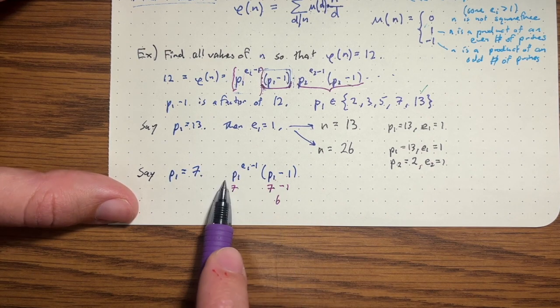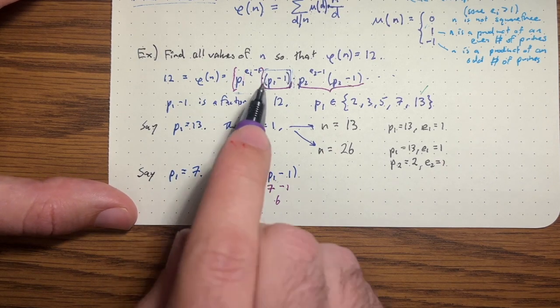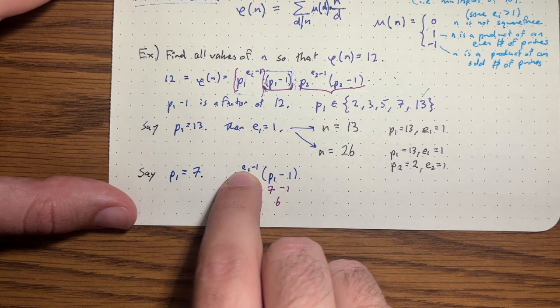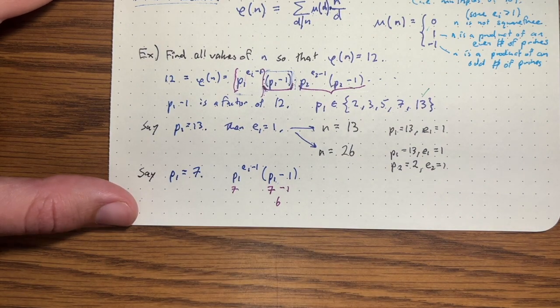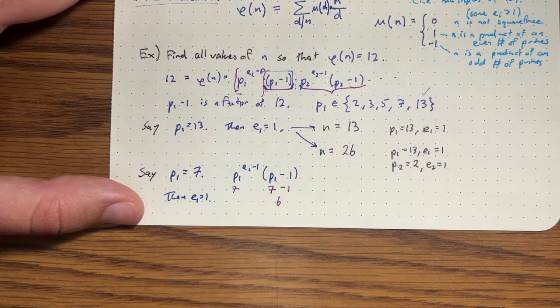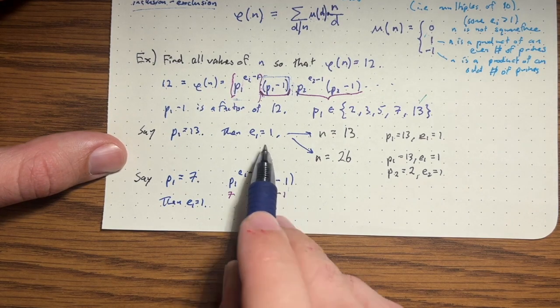No, because 7 times 6 would be much larger than 12, which is what our whole product has to equal. So the only possibility is if E1 is equal to 1. And our product so far is 6.